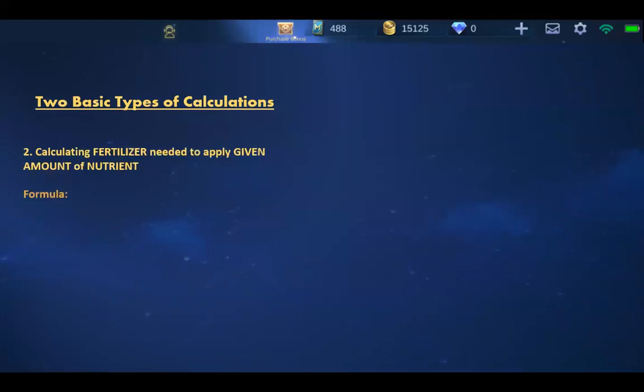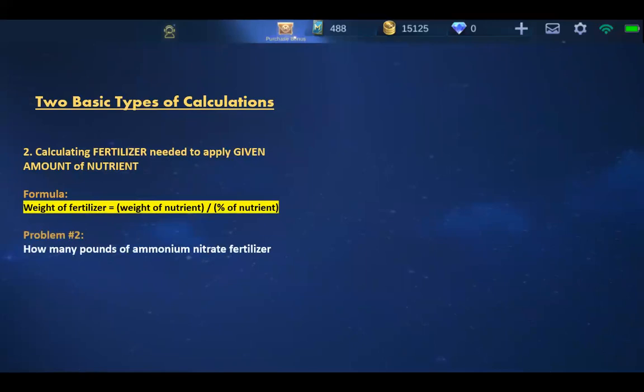Next, calculating fertilizer needed to apply a given amount of nutrients. We use the formula: weight of fertilizer is equal to weight of nutrients divided by percentage of nutrient. So we have problem number 2.